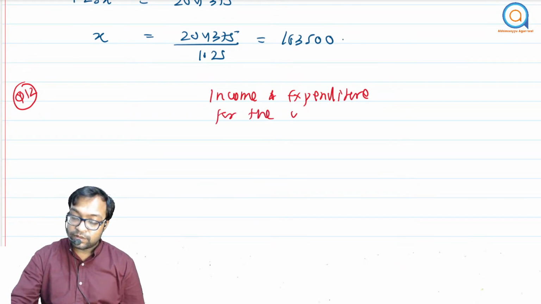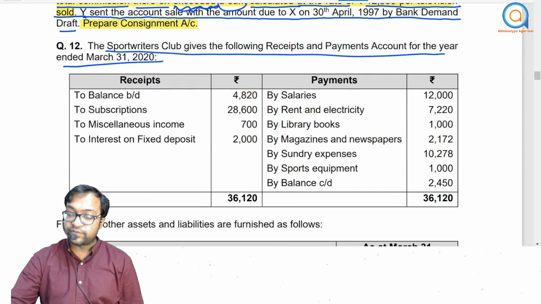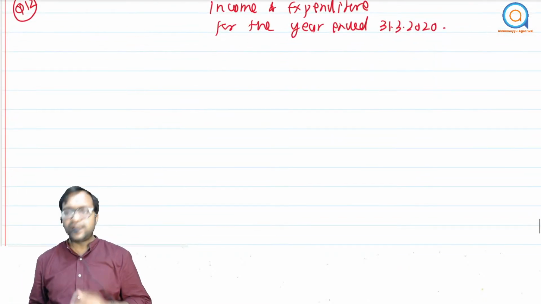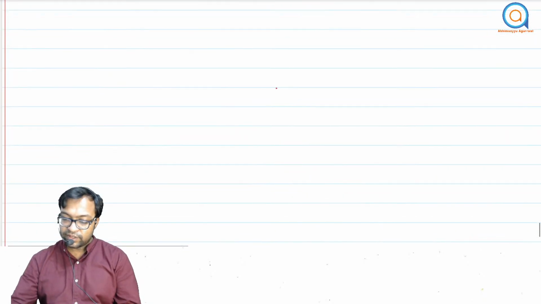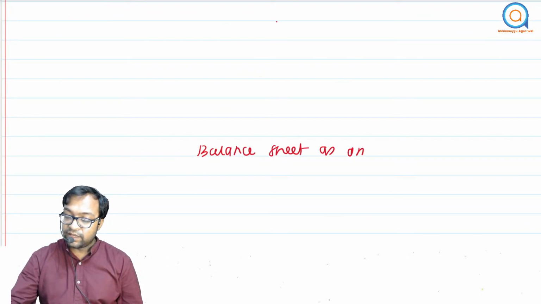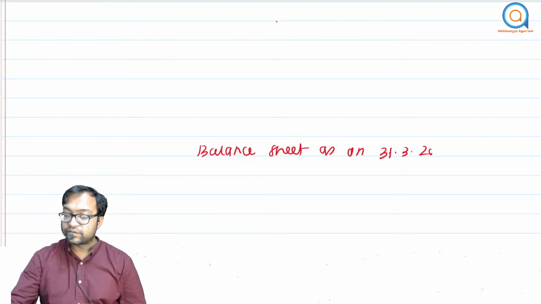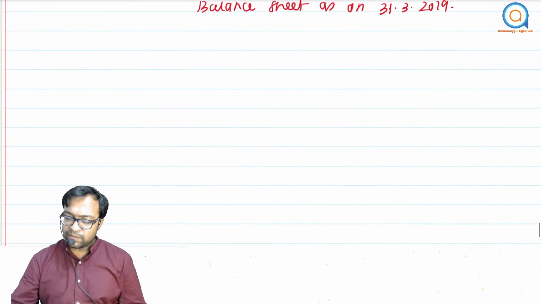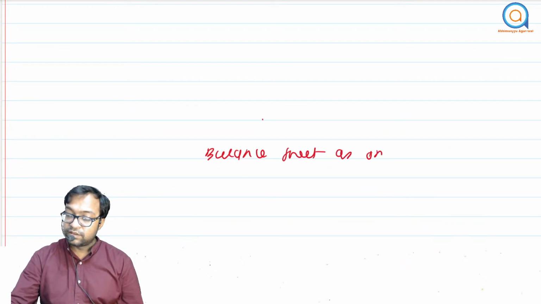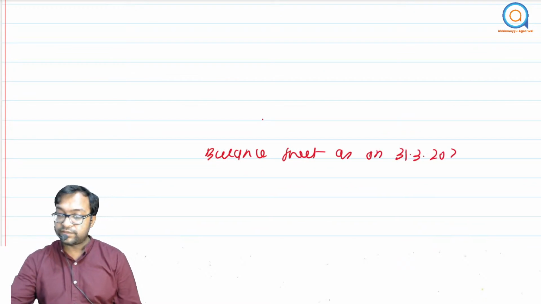For the year ended 31st March 2020. Keep around 20 lines. I think that will be more than enough. Then we need to prepare an opening balance sheet, that is the balance sheet as on 31st March 19. Around 10 to 12 lines will be more than enough. And one more balance sheet as on 31st March 2020.